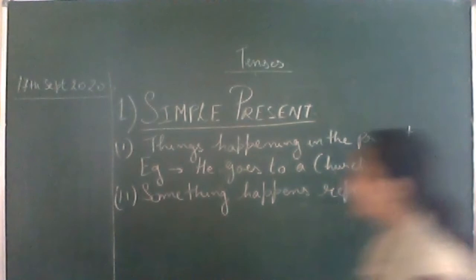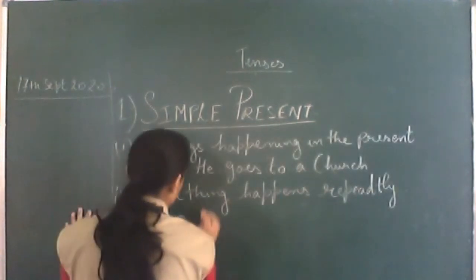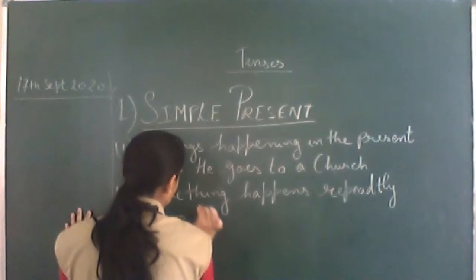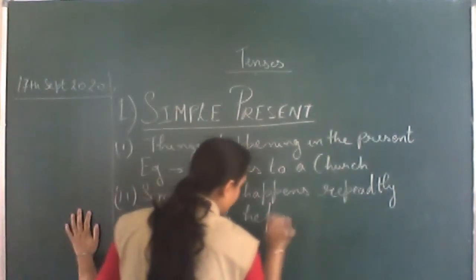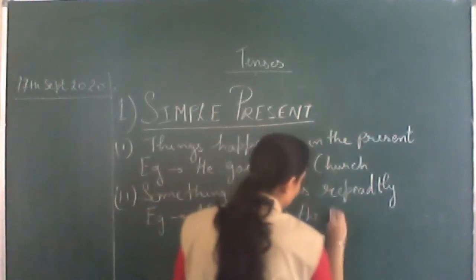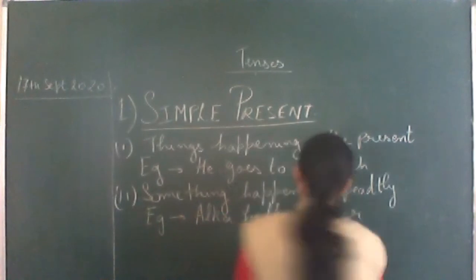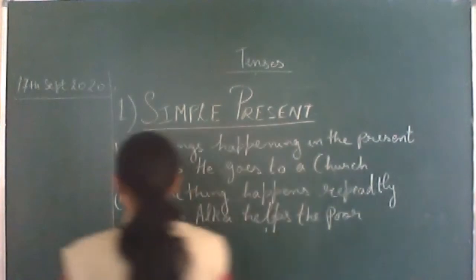For example, Alka helps the poor. Next is a habit or a routine.